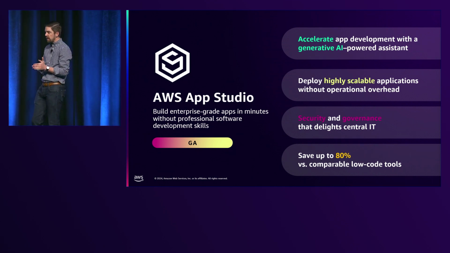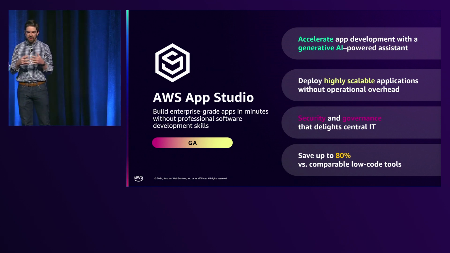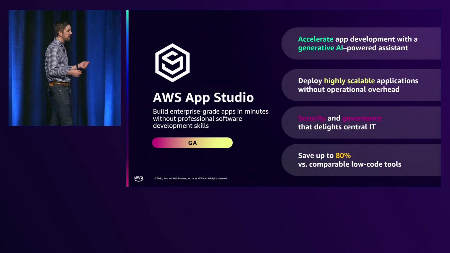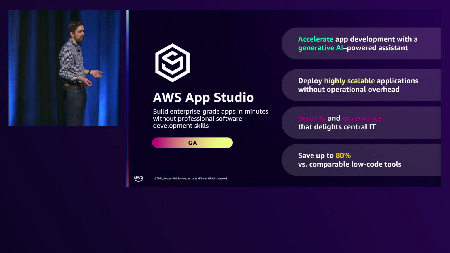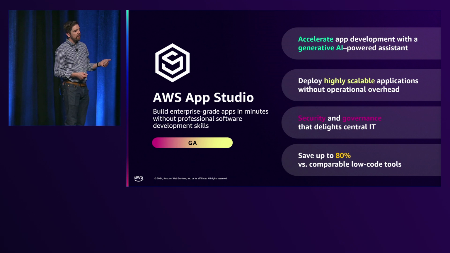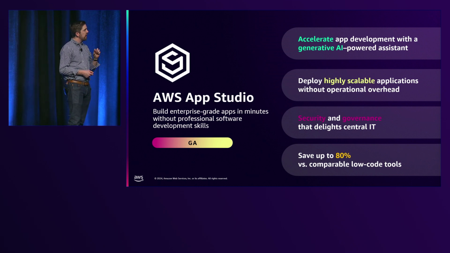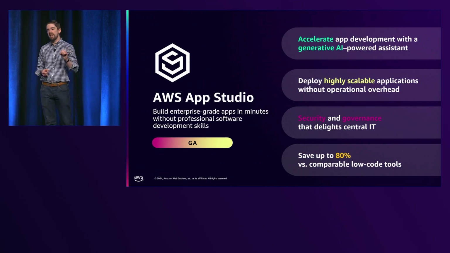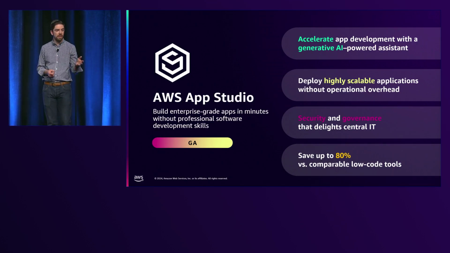Third, these applications, they're connecting to your existing business data, your most important data that your company holds. And so security and governance are non-negotiables. For administrators of your App Studio instance, you can define exactly who, what are the granular access control policies when you're connecting to your AWS data sources or your other systems.